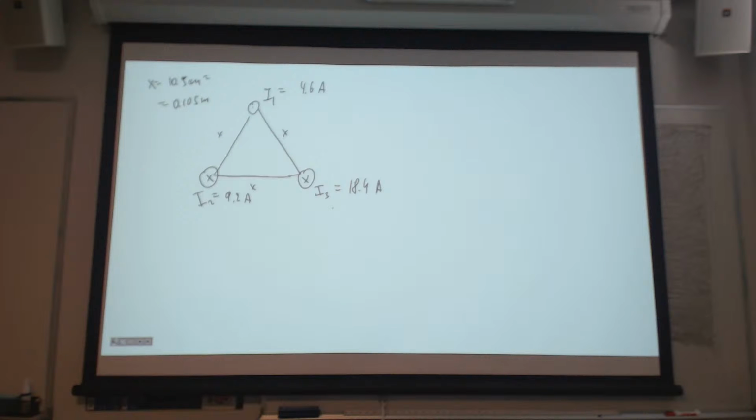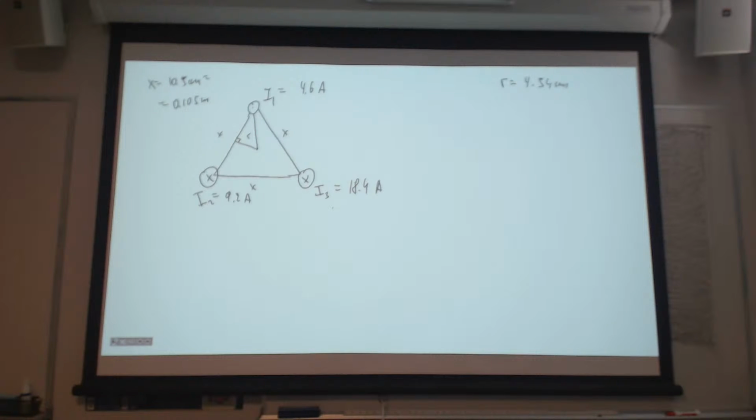And we need this distance, R. I have that for you. It's 4.54, but 4.55.